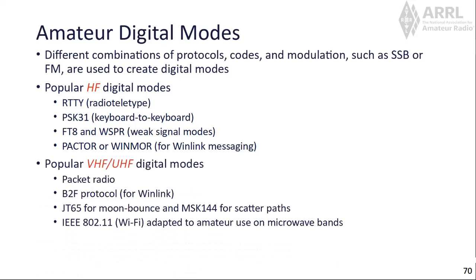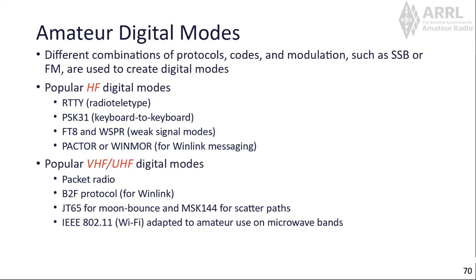Okay, popular VHF and UHF digital modes are packet radio. You can read about that. WinLink, they call that B2F protocol for WinLink, JT65 for moon bounce, MSK144 for meteor scatter. And here's one you need to remember.